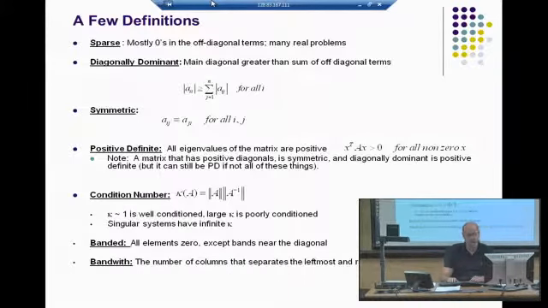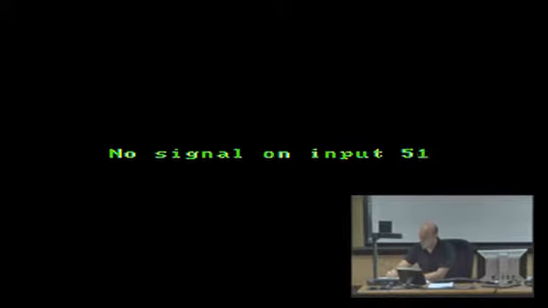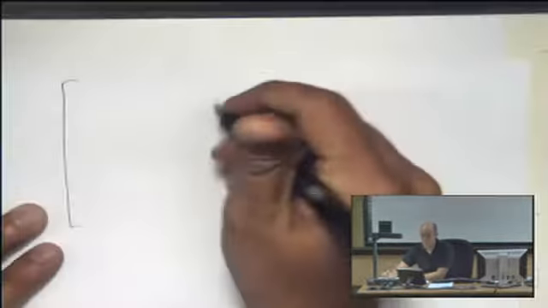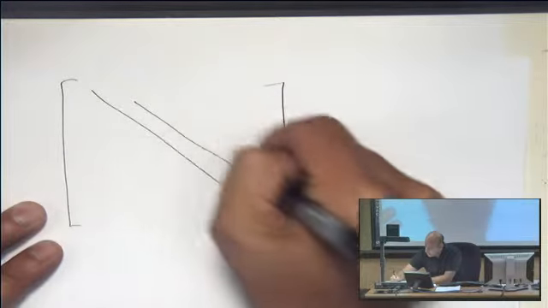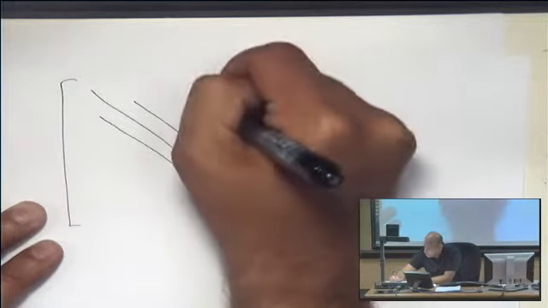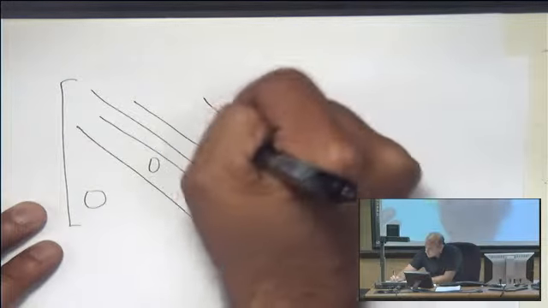The bandwidth is the distance, the number of columns in between the band. So let me go over here and show you. If you had a matrix, you had a main diagonal, and then you had these on the tridiagonal, and then over here, you had zeros everywhere else, right?